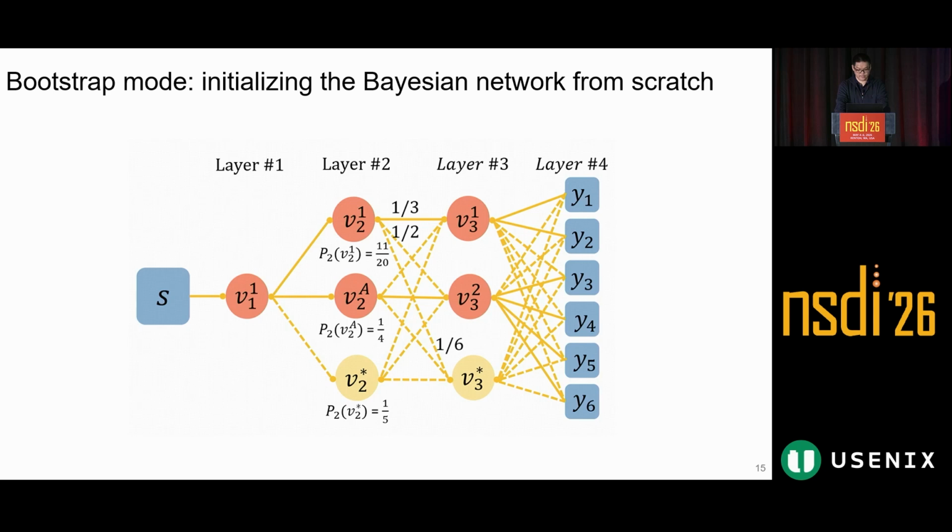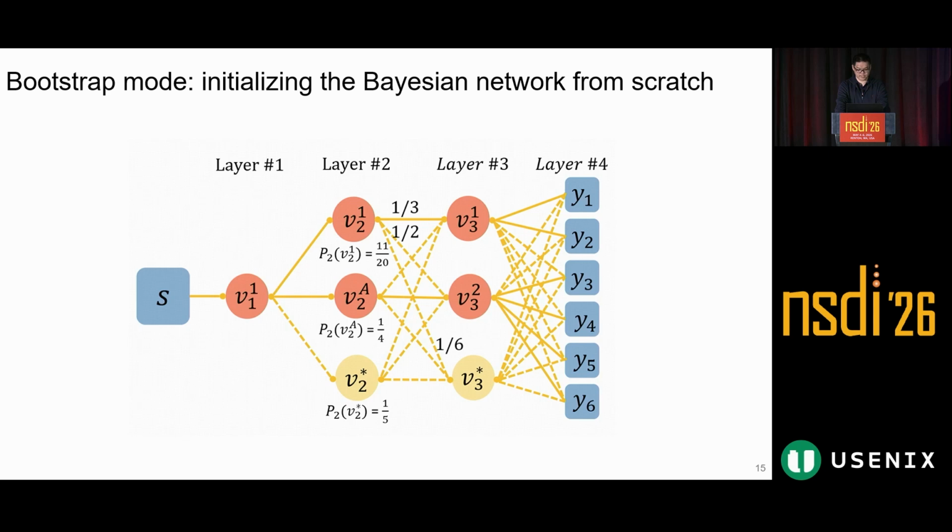But at this point, the topology is still incomplete. Some branches may simply not have been observed yet. So BayWatch explicitly adds hypothetical unseen nodes, shown here as the star nodes. These hypothetical nodes represent the possibility that another successor may still exist but has not yet been discovered.